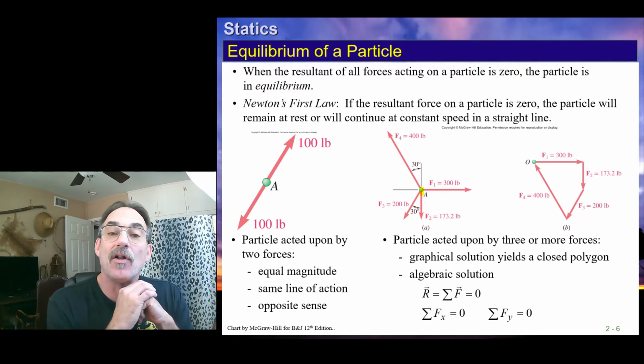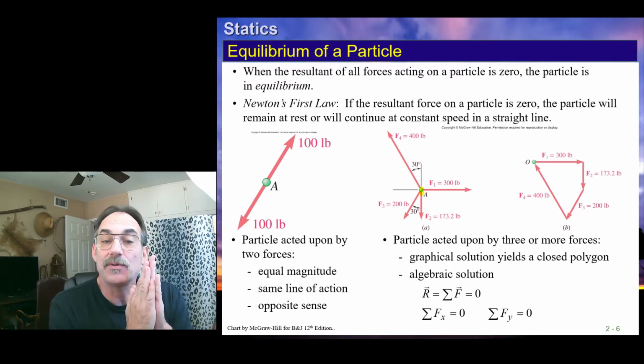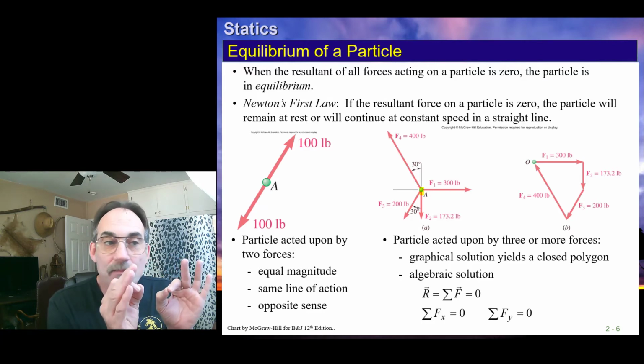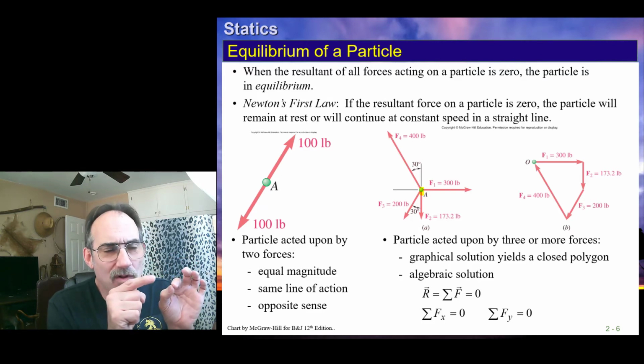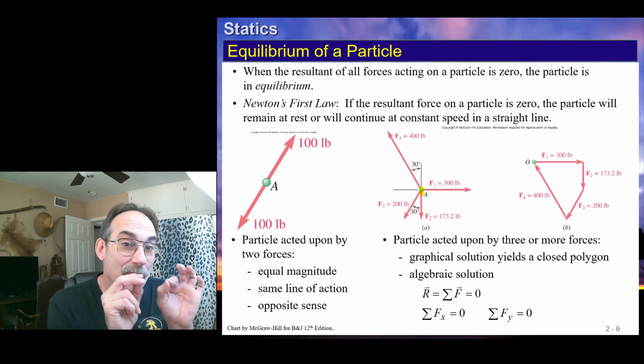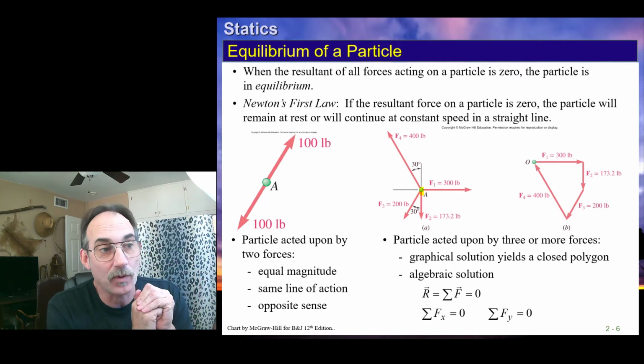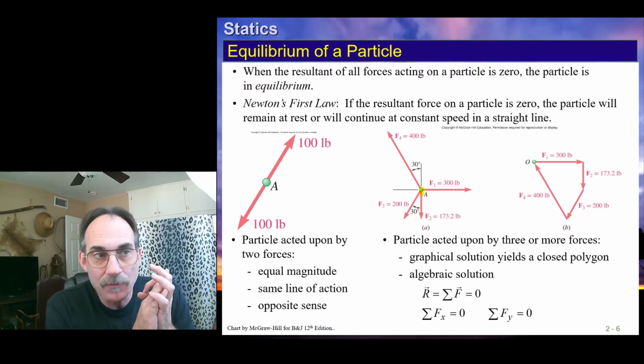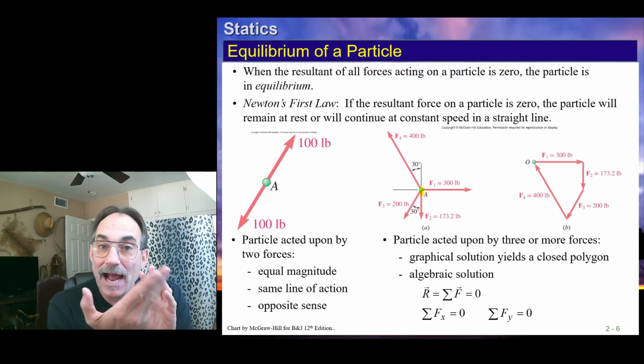We can sum up all our x components. Those have to equal 0. Sum up all our y components. Those have to equal 0. Why do they have to equal 0? Because we said this particle is not moving. If it's not moving, those had better sum to 0 if they're all the forces. How do we solve for them? Well, you can either combine them tip to tail and make sure they go back to the same point.